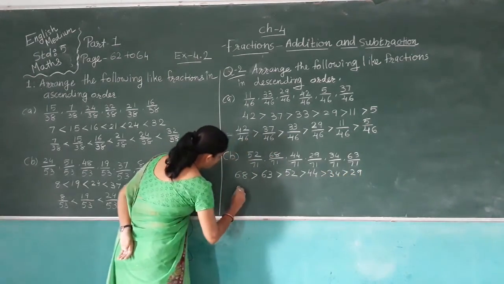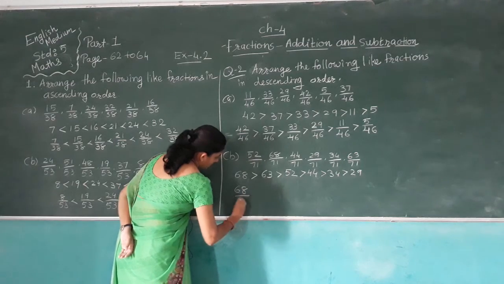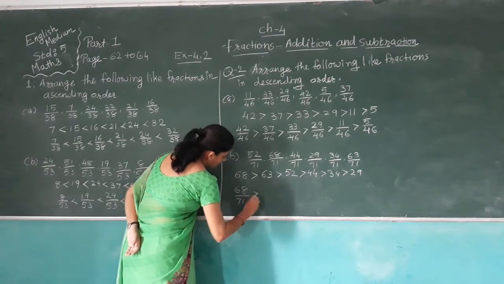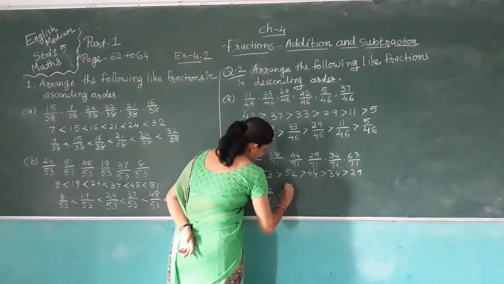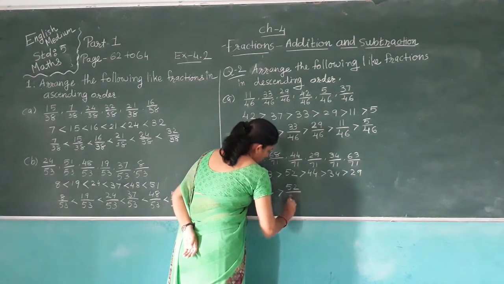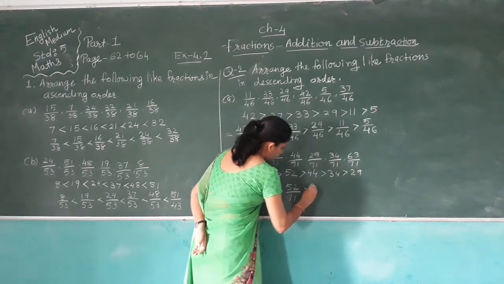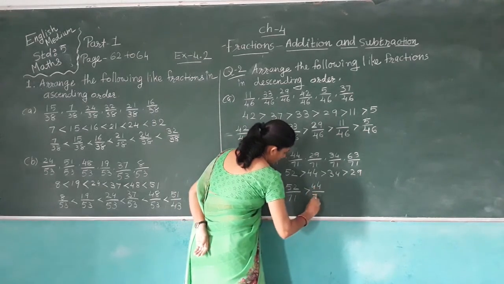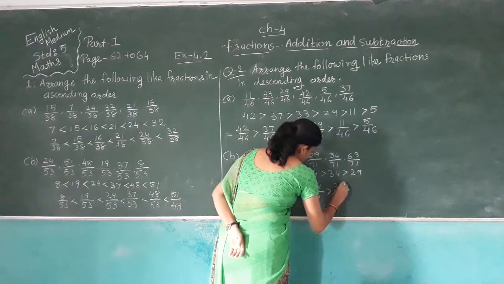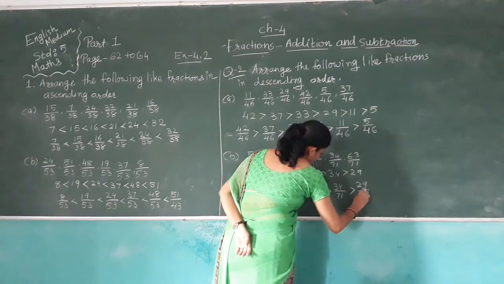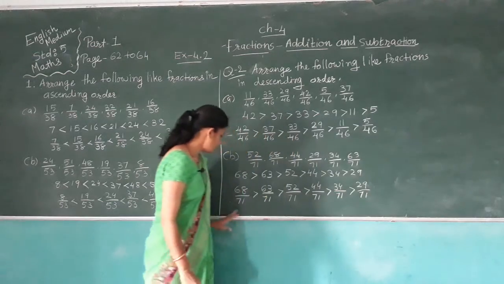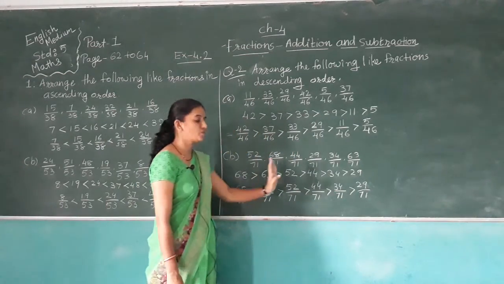Write with the denominator. 68 out of 71 greater than 63 out of 71 greater than 52 out of 71 greater than 44 out of 71 greater than 34 out of 71 and 29 out of 71. We arrange here from biggest to smallest.